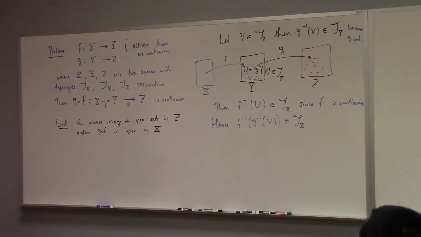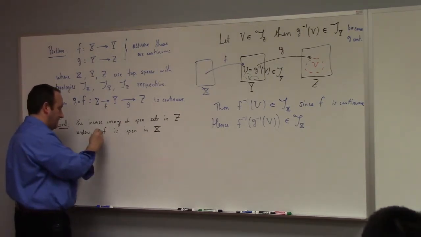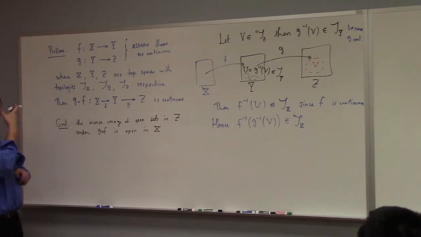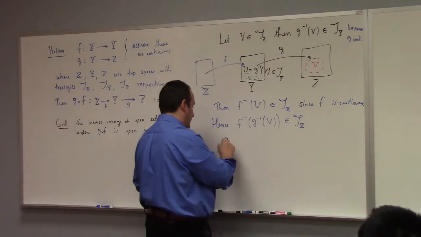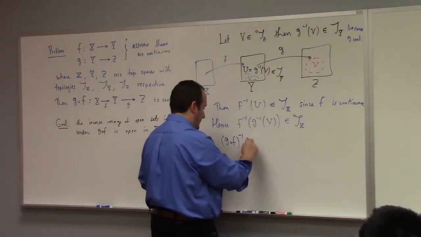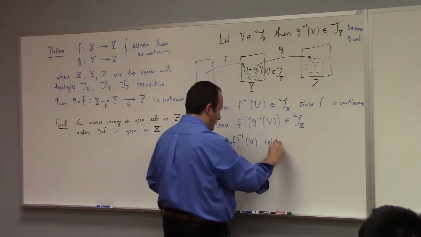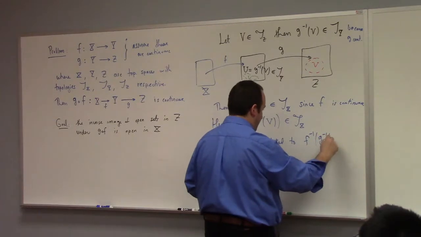What am I trying to show? I'm trying to show that the inverse image under g composed with f is open. So my question to you is, how is the inverse image of V under g composed with f related to f inverse of g inverse of V?